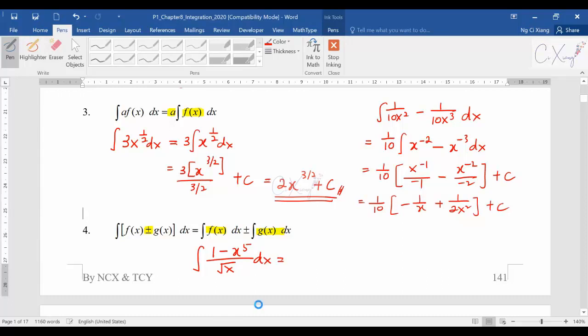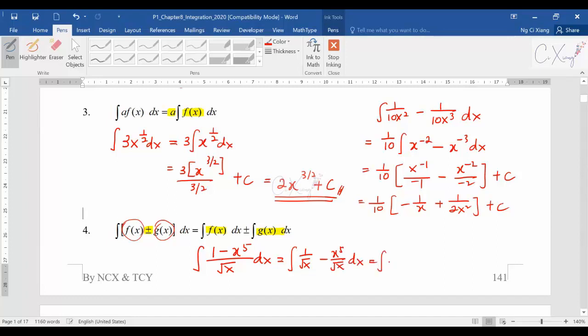Okay, so this is a fraction, right? So you cannot straight away integrate a fraction by looking at the top and the bottom separately. You have to split it into two different functions in x. You can split it into 1 over square root x minus x power 5 divided by square root x as well.